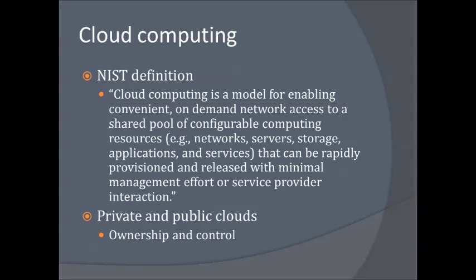Public clouds are those that are given to a company by a provider. An example might be EC2 out at Amazon. Private clouds are those that you would run yourself. And really the big issues associated with public and private clouds revolve around ownership of the server and the services, ownership of the data, control of the data, security of the data, things of that sort.